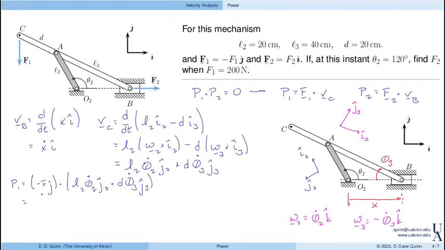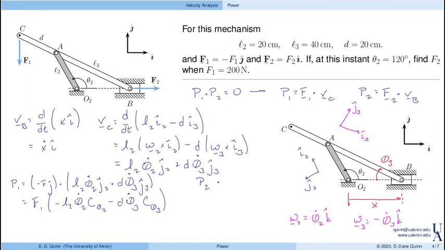And when I work this out, maybe you want to pause the video and work out these dot products, but we end up with F1 times minus L2 theta 2 dot cosine of theta 2, right? That has to do with the J dot J2. And then minus D theta 3 dot cosine of theta 3.